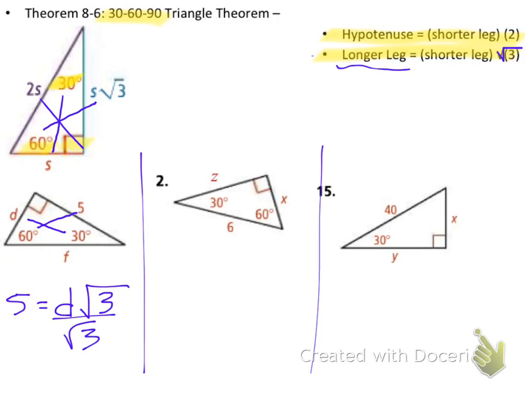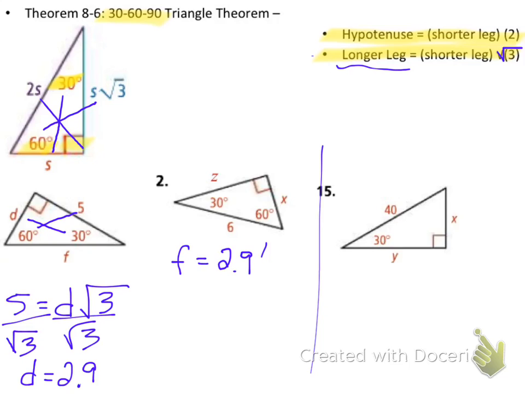Divide both sides by the square root of 3. I get 5 divided by the square root of 3, 2.9. So d is equal to 2.9. Once I know what d is, the shorter leg, then to find the hypotenuse, which is f, I can set it up as f is equal to the shorter leg, which is 2.9, times 2.